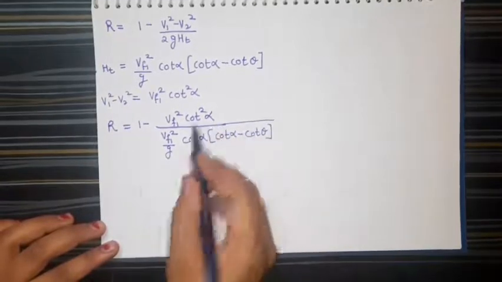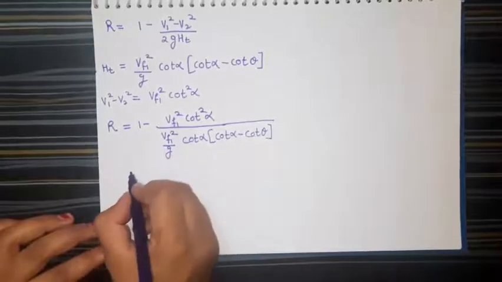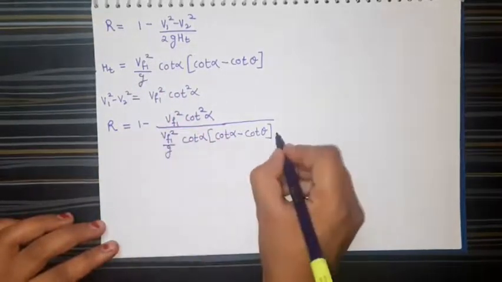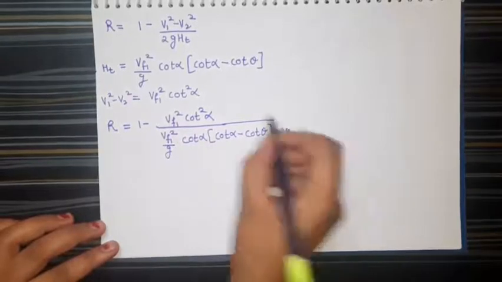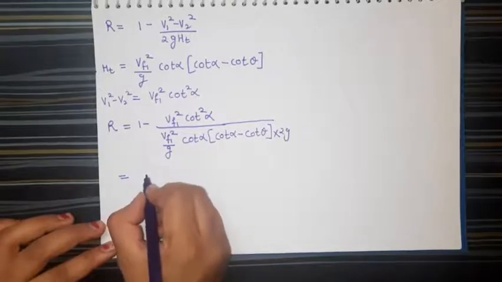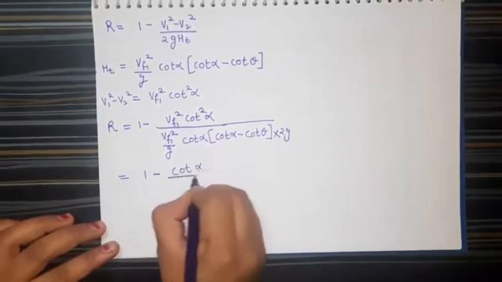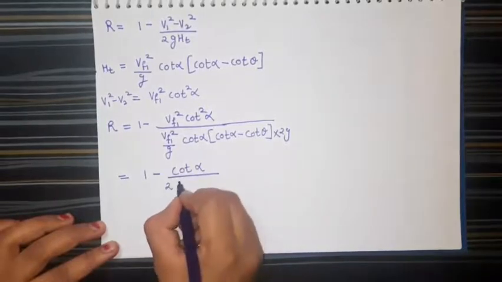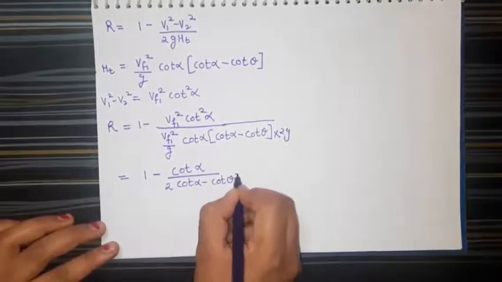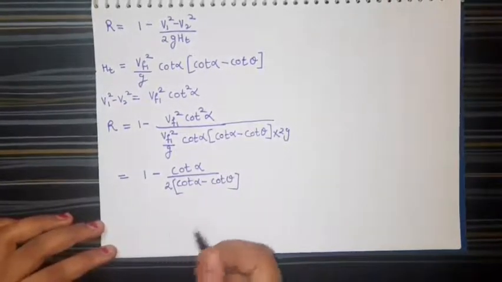So one of the cot alpha will get cancelled, as well as VF1 square will get cancelled, and yes, one more term is there, that is multiply by 2G. So we will get the equation as 1 minus cot of alpha divided by 2 (cot of alpha minus cot of theta). So this is the equation for actual reaction turbine.